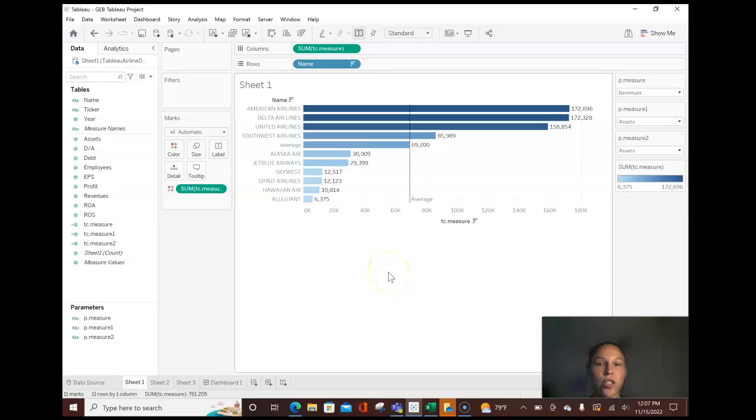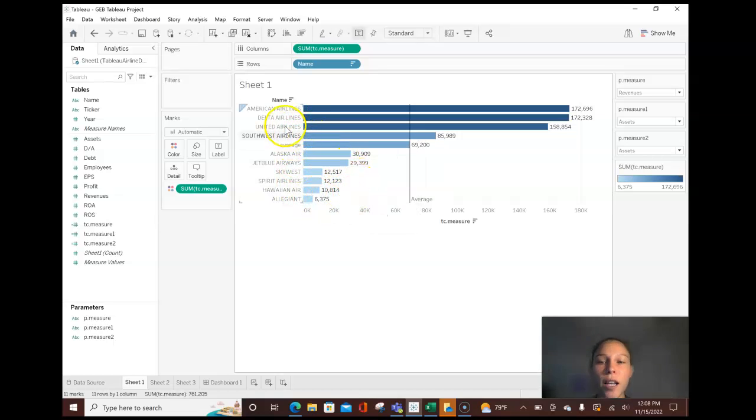So here's the first sheet that we created, and as you can see, it is showing the revenues of each of the different airlines that was looked at. It's in descending order, so we could see at the top here, it is the ones with the biggest revenues to the ones with the smallest revenues.